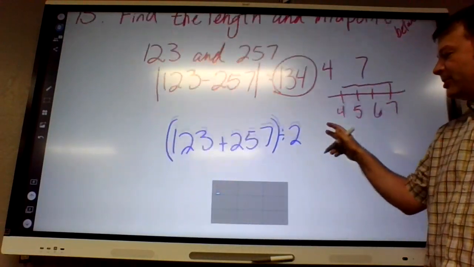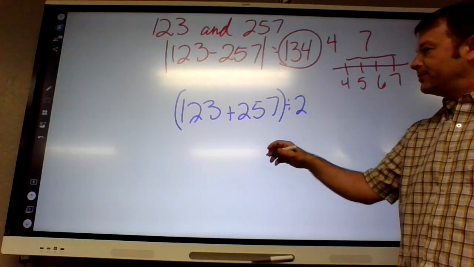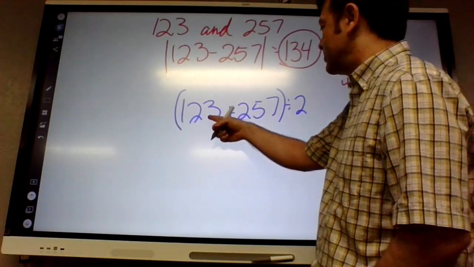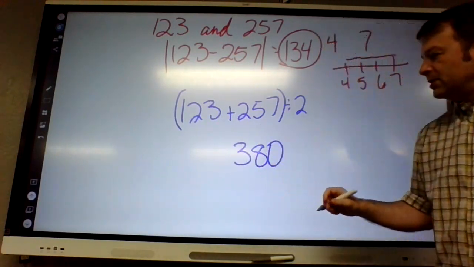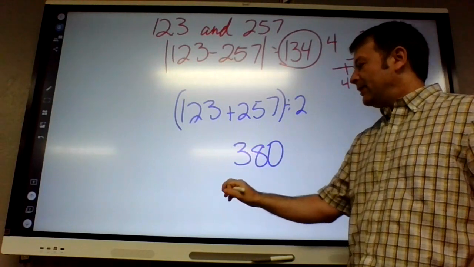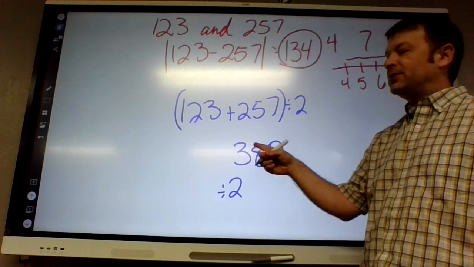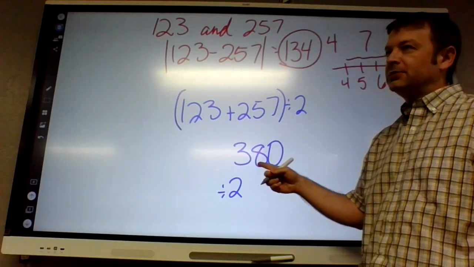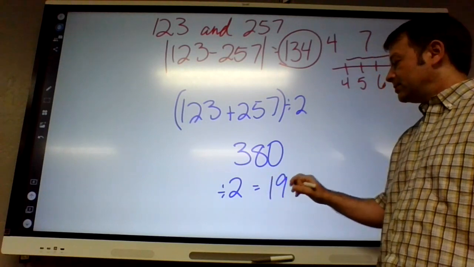Did you guys know, maybe you don't know this, if you got an answer in your calculator from the last part, like this adds up to 380? Let's say we hit equals on the calculator and it says 380 in the bottom right. If you just plug in divide by 2, it automatically uses the last answer. You guys know that? So that'll save you a little bit of work.